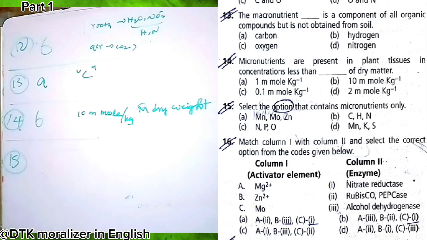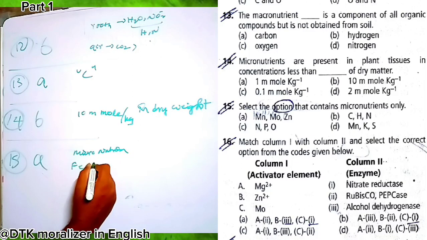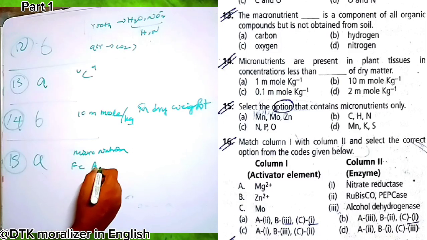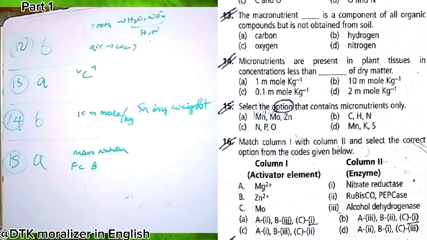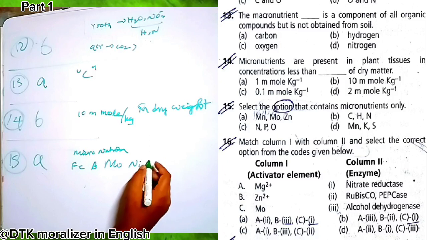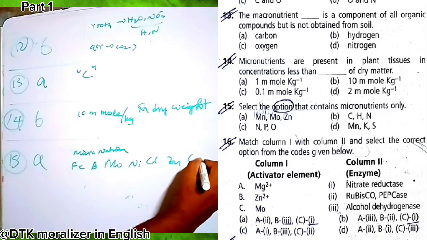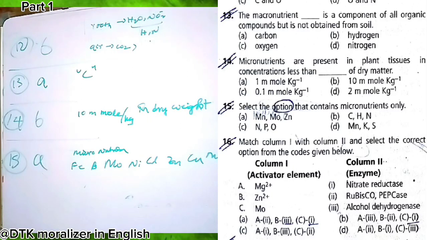As you can observe the options here, option A is right: manganese, molybdenum, zinc, and micronutrients like iron, molybdenum, nickel, chlorine, zinc, copper, manganese.